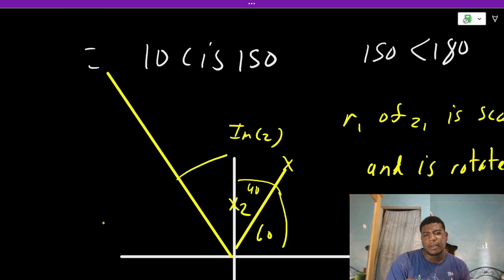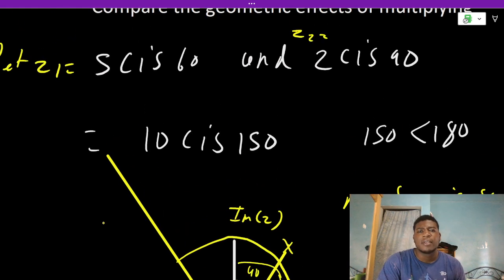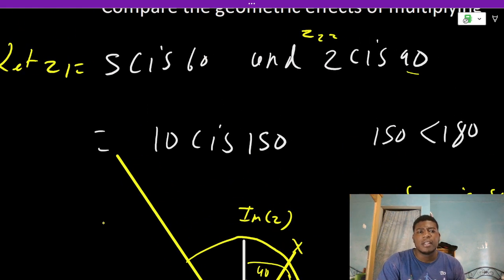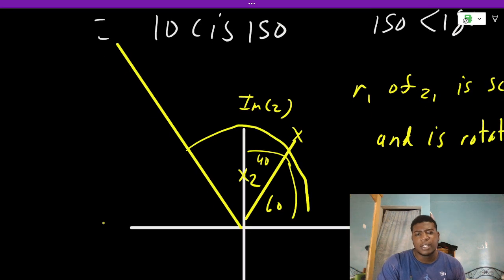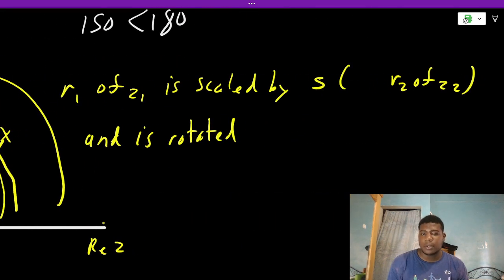So this here is 150, so it's rotated by an extra 60 degrees, since we're relating to this one, so we add. It's 150 in total. Rotated 60 degrees counterclockwise.